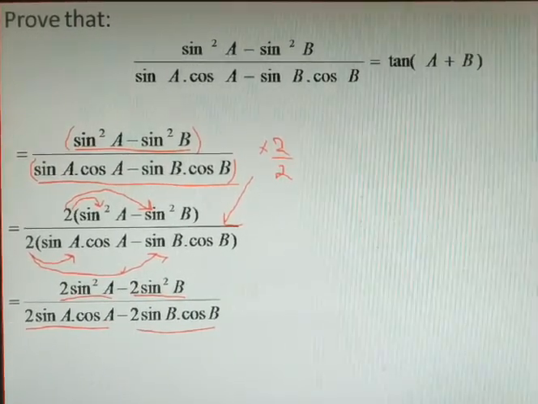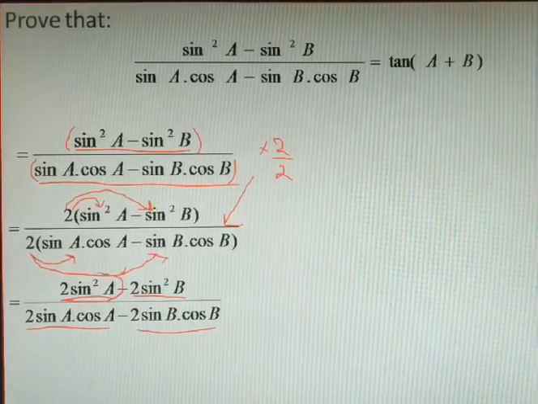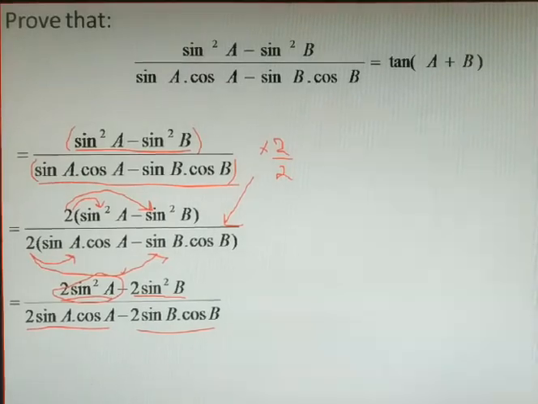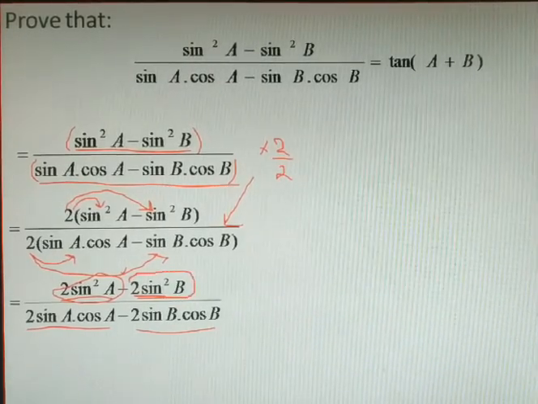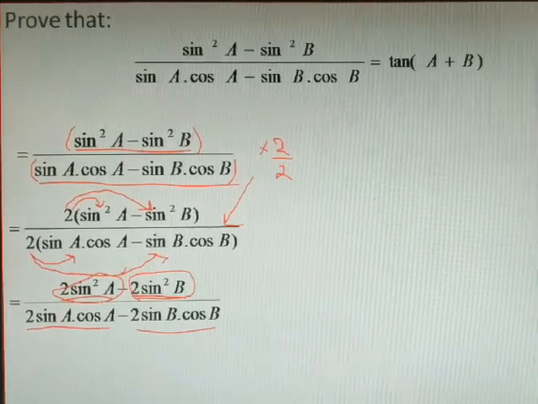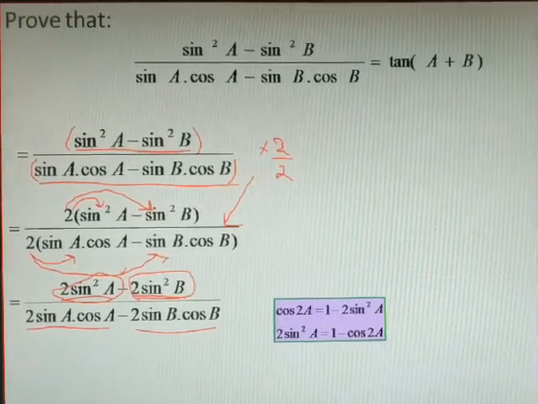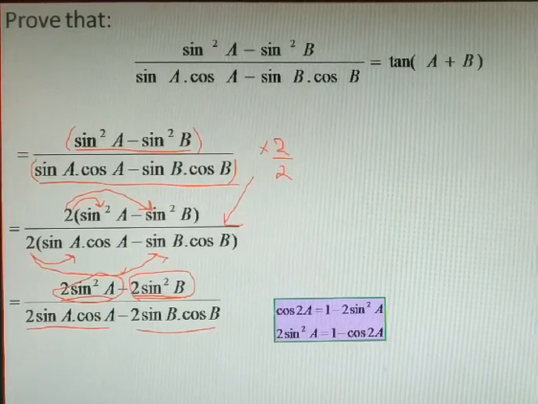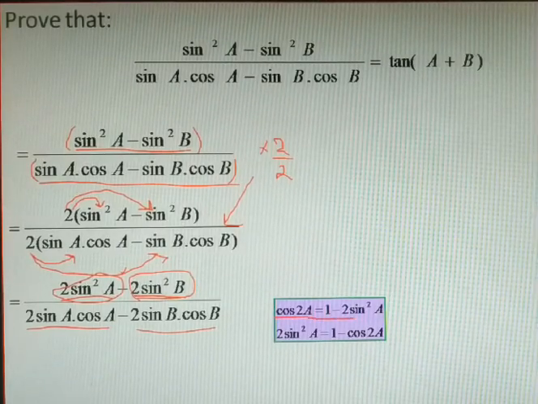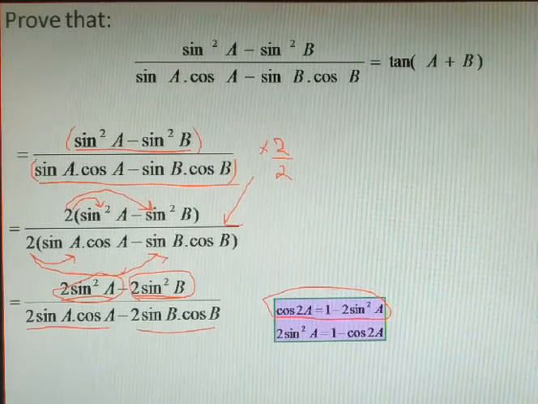And then after this step, these two terms, 2 sine square A and 2 sine square B, can be modified into another form that we get from this formula. That is cos 2A is equal to 1 minus 2 sine square A. This is the formula that we used to learn in the class.